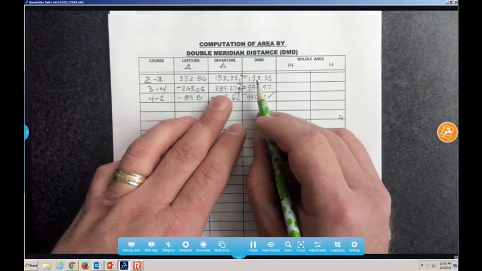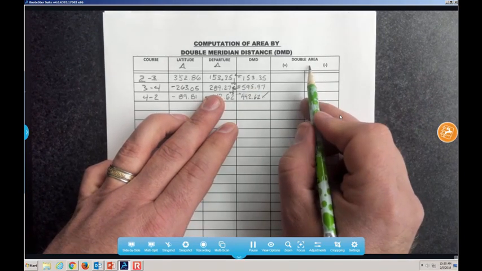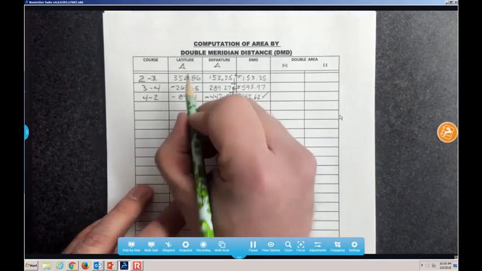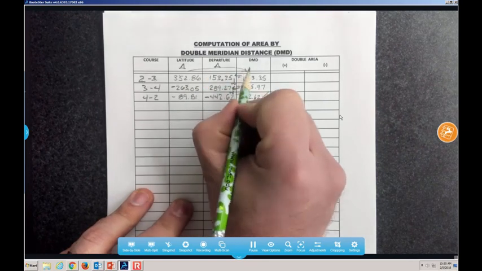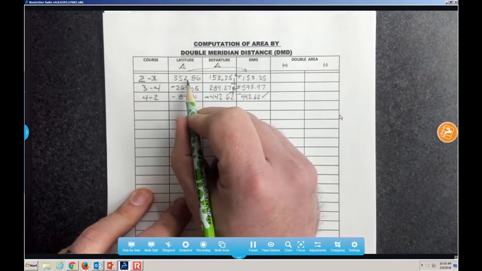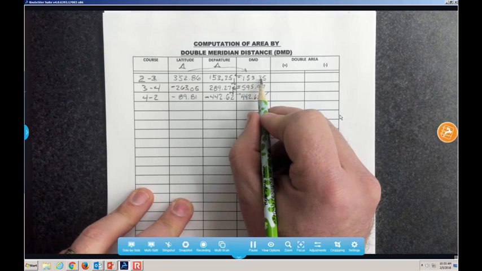Alright, so now we're going to try to figure out our double areas over here. So how we do that is we take our latitude times our double meridian distance on the same line. So I'm going to take 352.86 times 153.35.